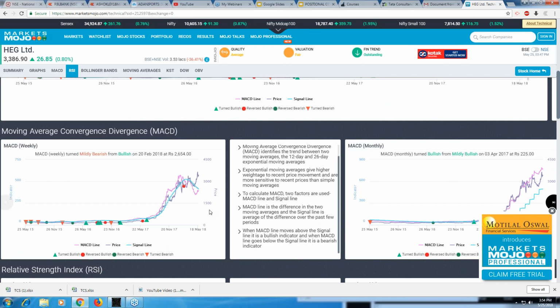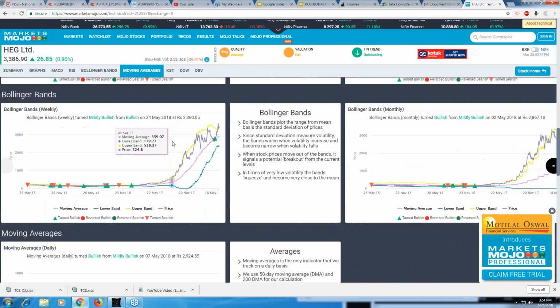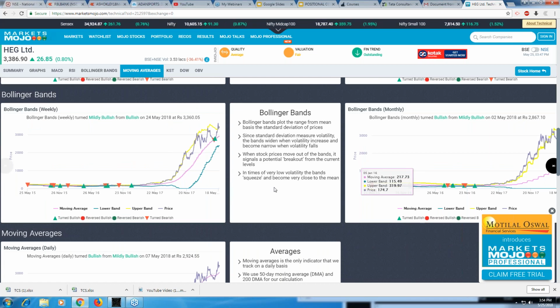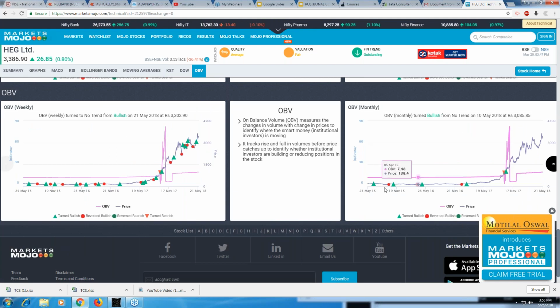Your choice. I prefer to look into the Zerodha graph myself and then find out Bollinger Band and everything that you want to see. It says on balance volume, right? Monthly on balance volume. OBV measures the changes in the volume with change in the price to identify where the smart money, the institutional investor, is moving.